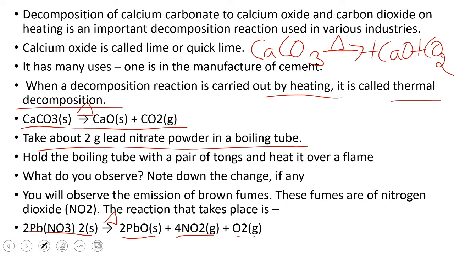The fumes of nitrogen dioxide are brown in color. So when you start heating the test tube, you observe brown fumes coming out. This is also an example of thermal decomposition, because the reaction takes place by heating.